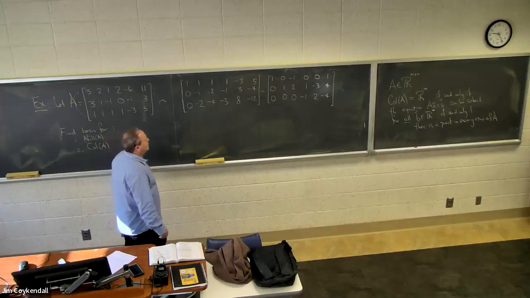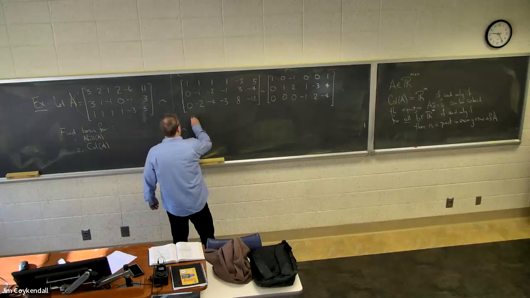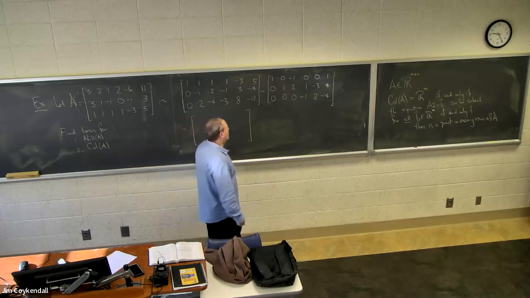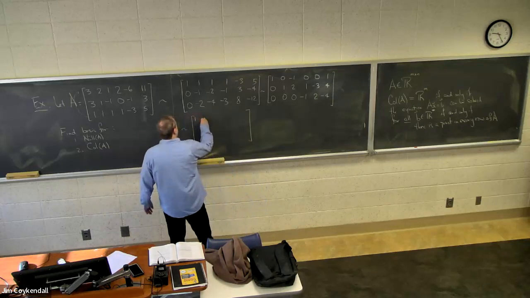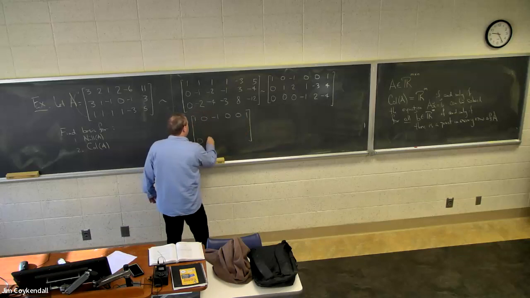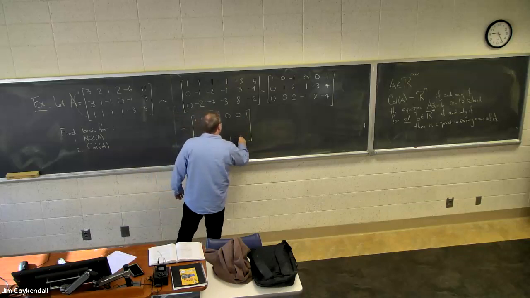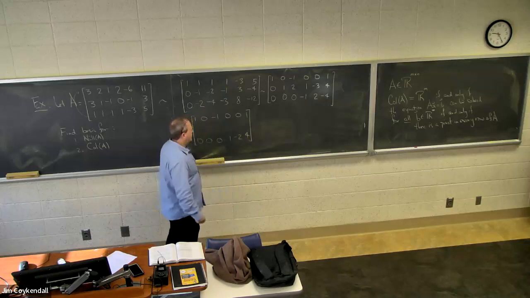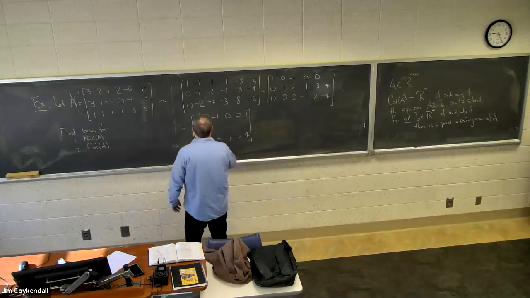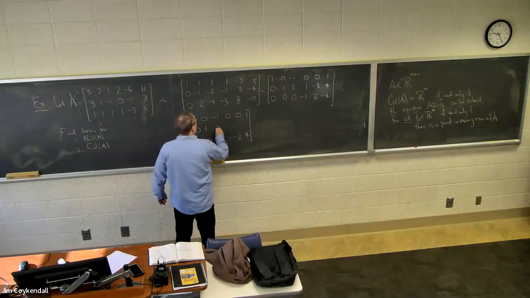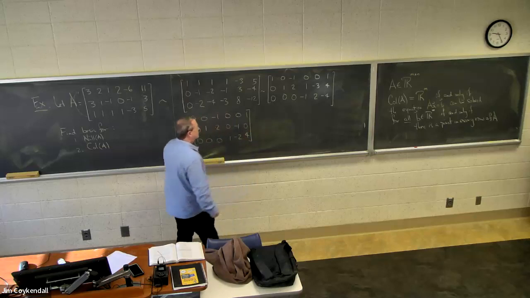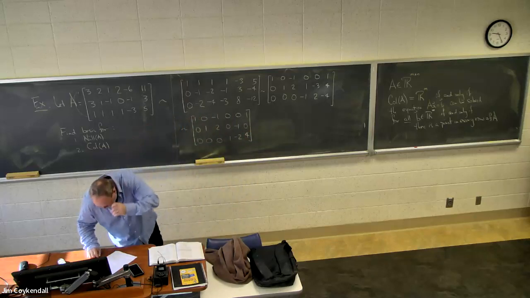And finally, I think this will be my last step here. And this matrix will be useful for me moving forward. I'm going to leave the top alone. I'm going to change the sign at the bottom, so it's proper reduced row echelon form. And to get the middle row, I'm just going to straight up add here. So I get 0, 1, 2, 0, -1, 0. Okay, get that right.